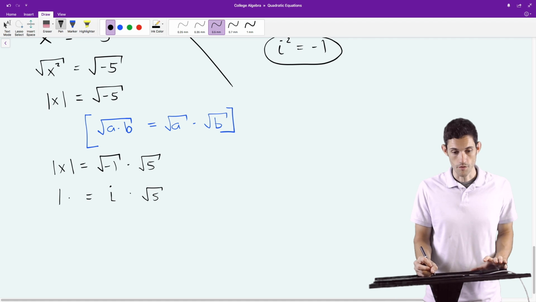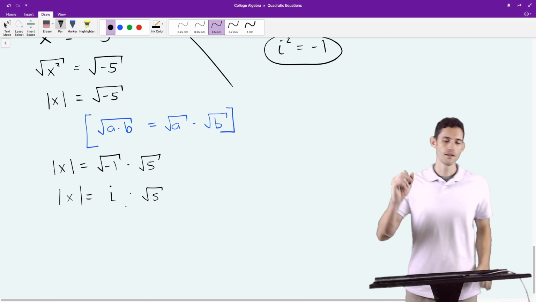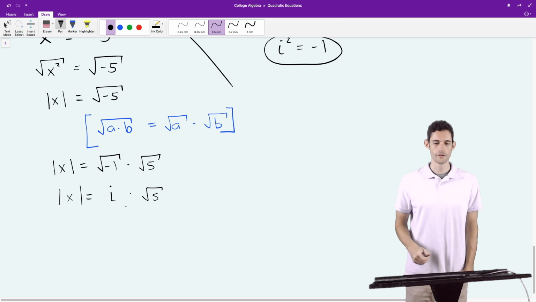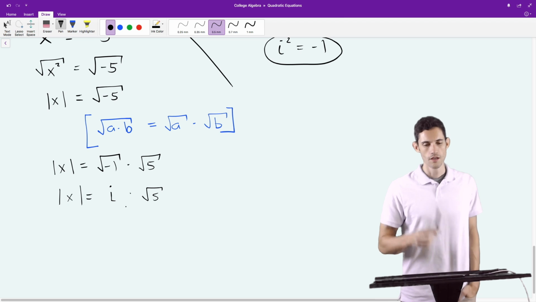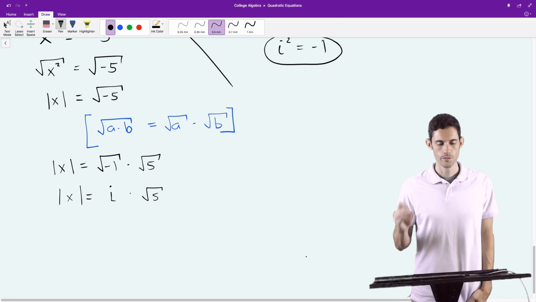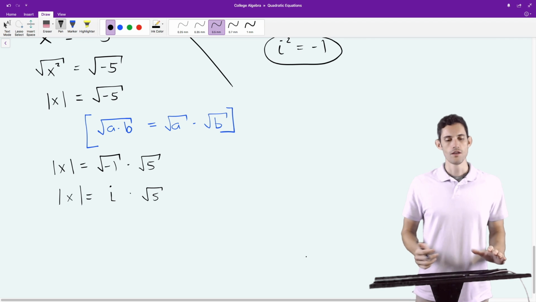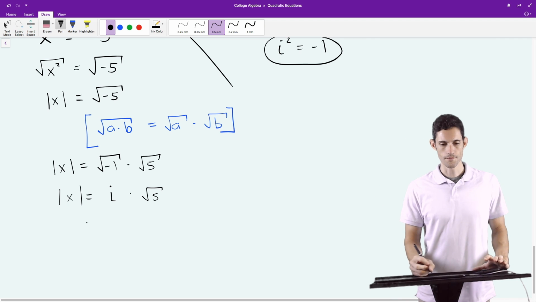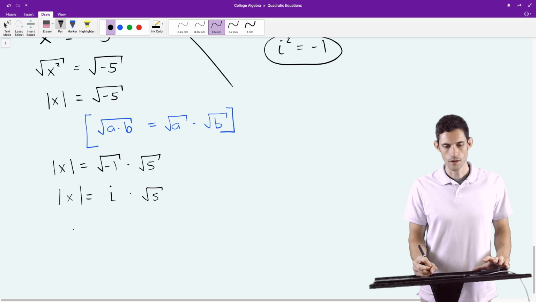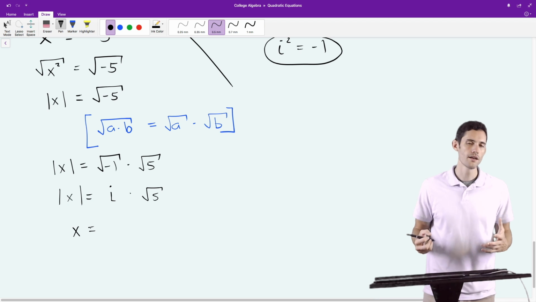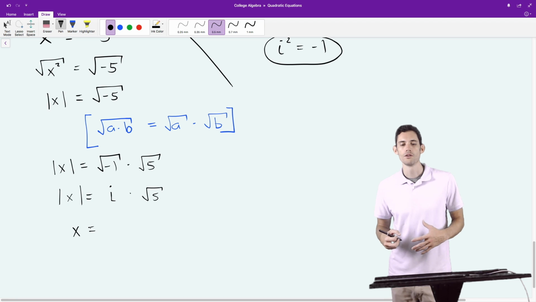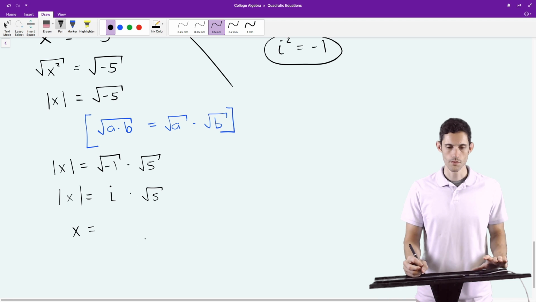So I've got absolute value of x. Now I'm thinking I need to get x by itself, but it's not by itself because of those absolute value bars. So the absolute value bars are telling me whatever x is, when you make it positive, you need to get the thing on the right-hand side. And so basically that means you could already have the thing on the right-hand side, or you could have the negative of that.